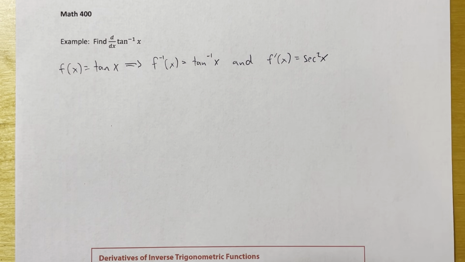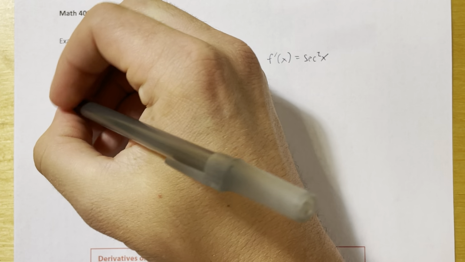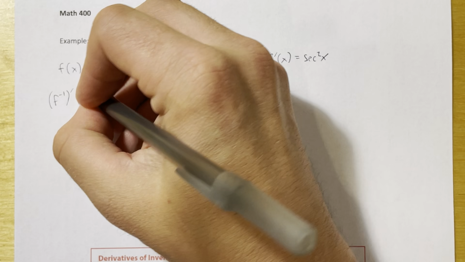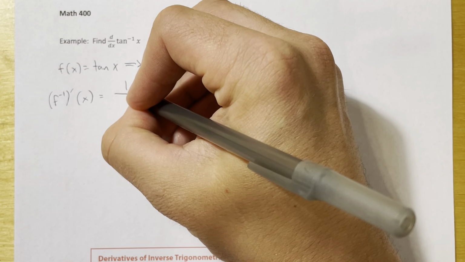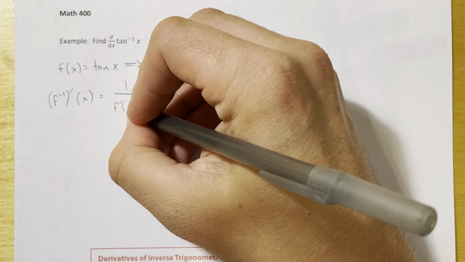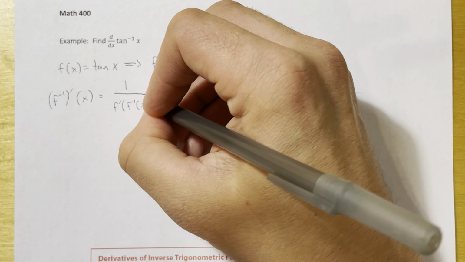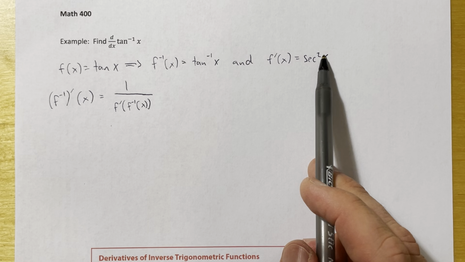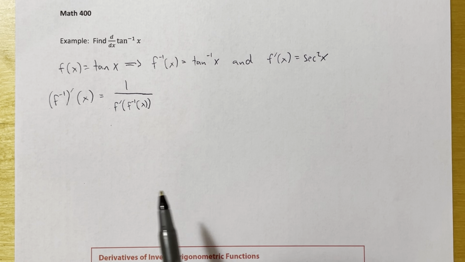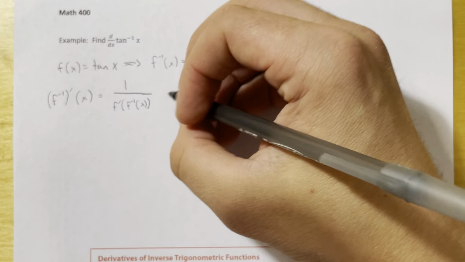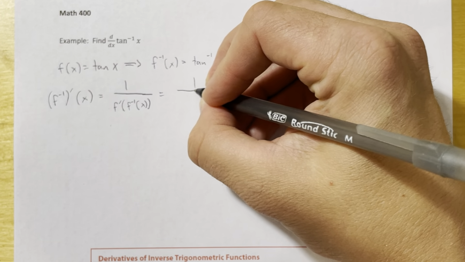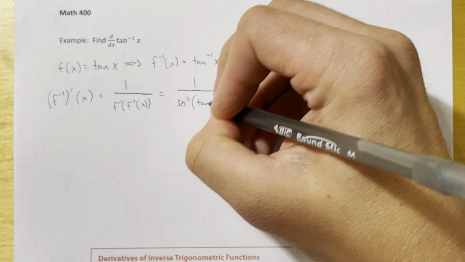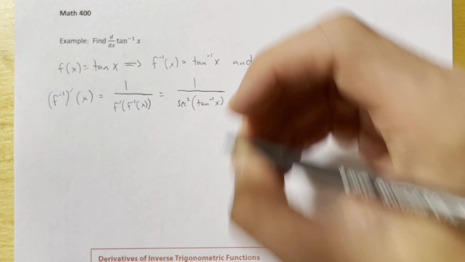So now I'm going to use that formula that we talked about. This implies that f inverse prime of x is equal to 1 over f prime of f inverse of x, which would be secant squared of inverse tangent of x. Okay, that's equal to 1 over secant squared of inverse tangent of x.